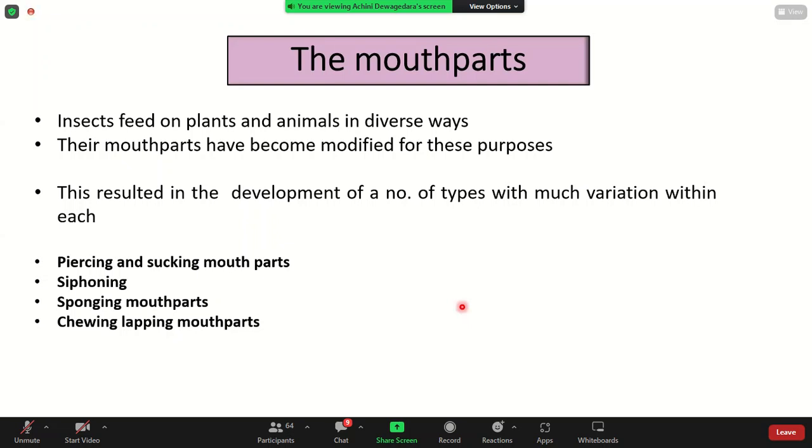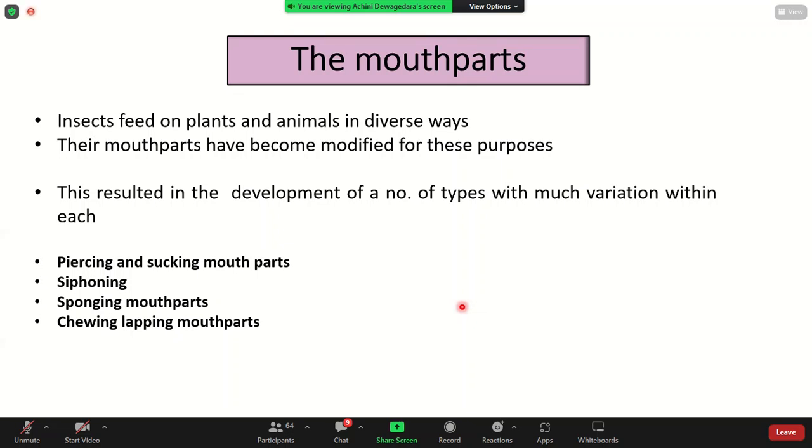If you take a mosquito, how does it feed? How does a mosquito feed? Chewing and lapping mouth parts.